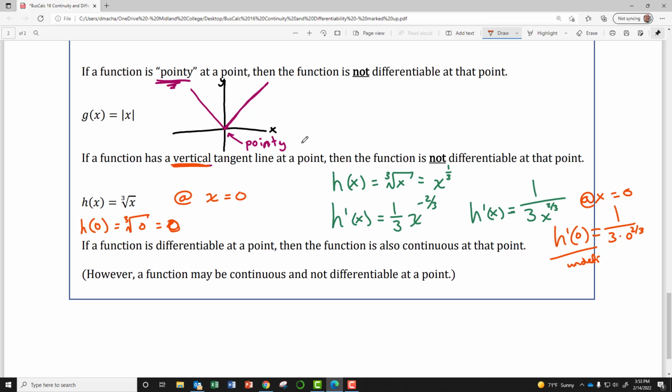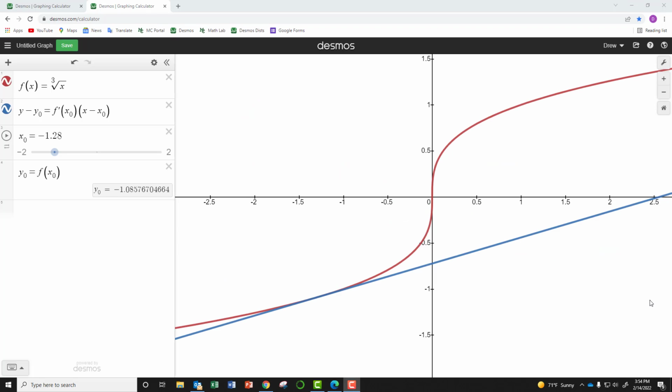That's why we say it's not differentiable. It's because it makes the derivative undefined. But I want to go back to the sentence above, where I mentioned a geometric interpretation. I said if a function has a vertical tangent line at a point, then the function is not differentiable at that point. So let me give you an illustration of that vertical tangent line for this particular cube root function.